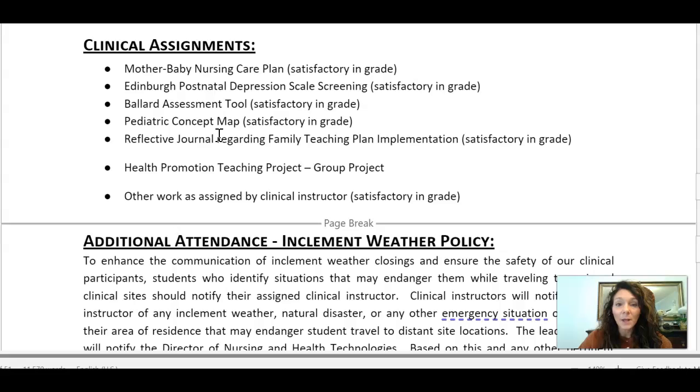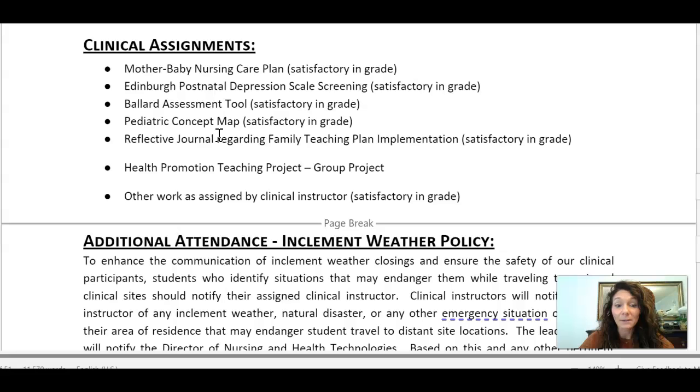You will also be responsible for completing an Edinburgh postnatal depression scale screening and a Ballard assessment tool on the days that you do your mother-baby nursing care plan. That seems like a lot, but those other two items, the depression scale and the Ballard assessment tool, are very quick assessment tools that can be done when you do your assessment.